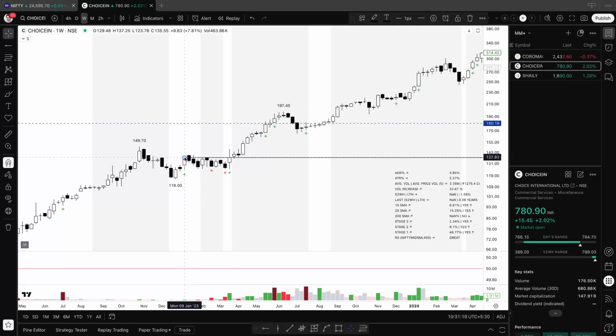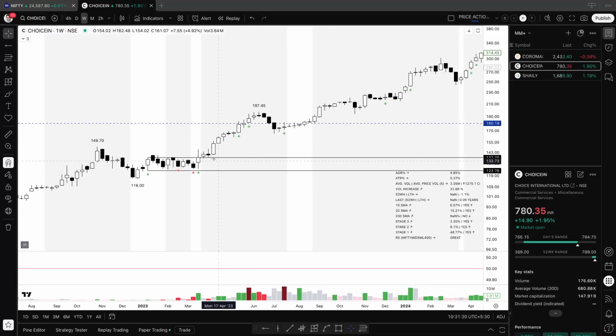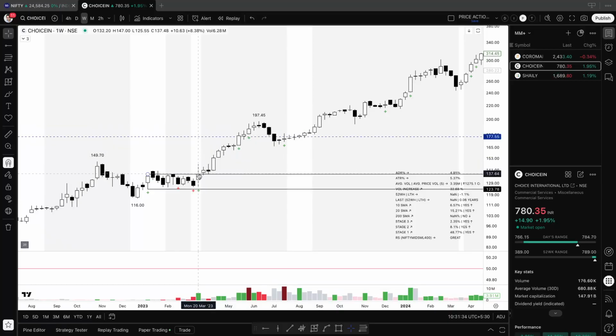If I mark this candle's high and low, you can see price was very tight. It tried to break out but came down, and once it went high and the breakout happened, it never came down, it continued to go up.